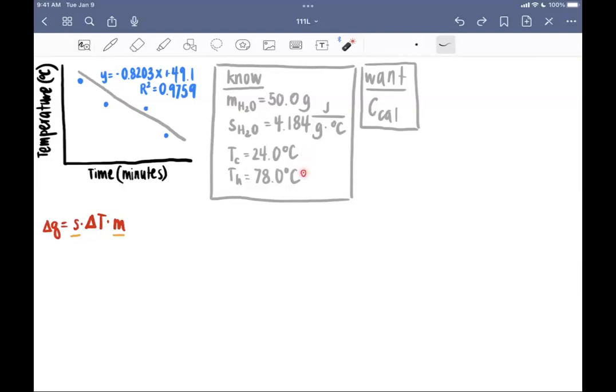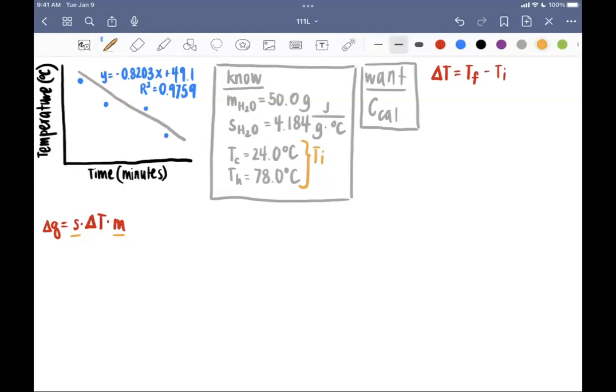And this temperature for the hot water is representing the hot water before you added it to the cold water. So in other words, you want to think of these as initial temperatures. The way that we calculate delta T, or the change in temperature, is by taking the final temperature and subtracting the initial temperature.